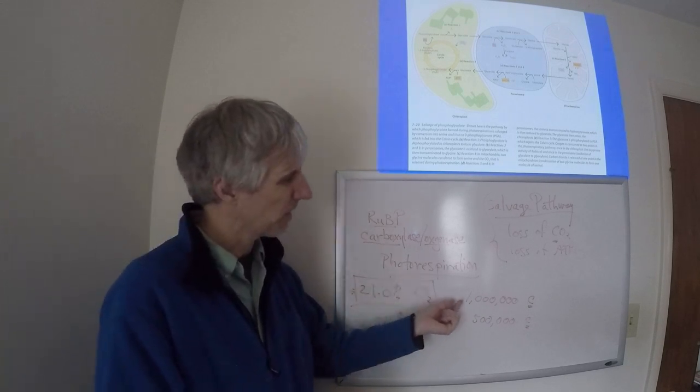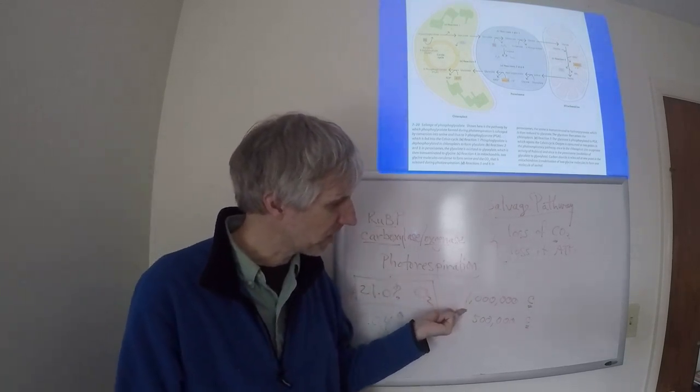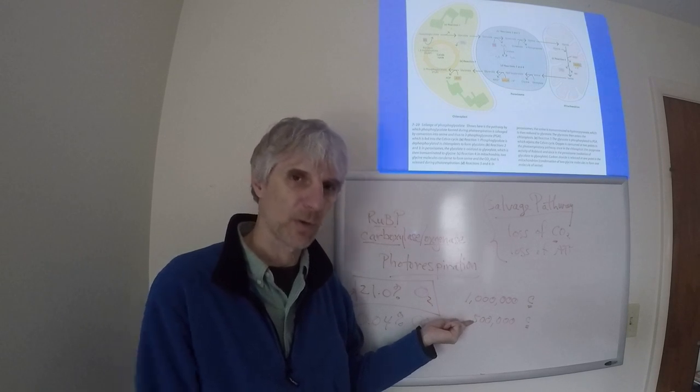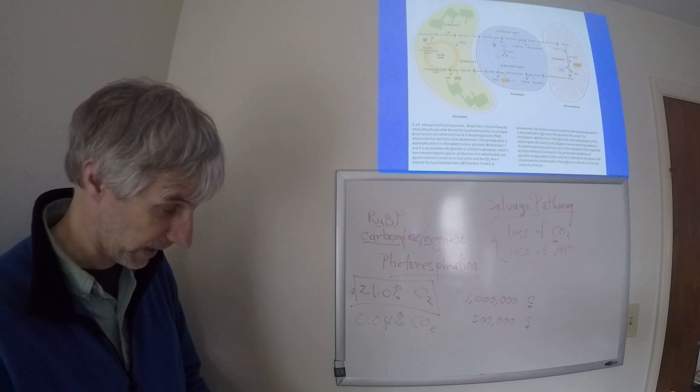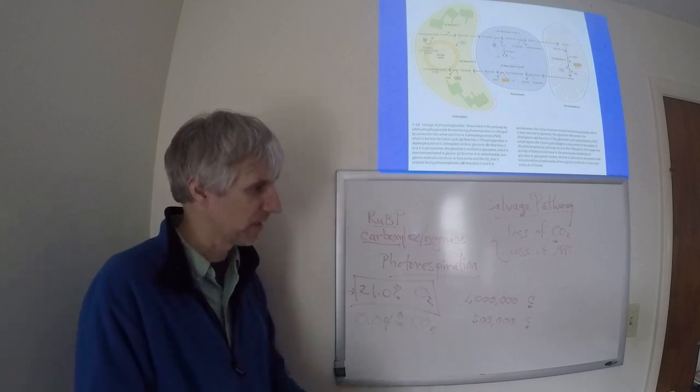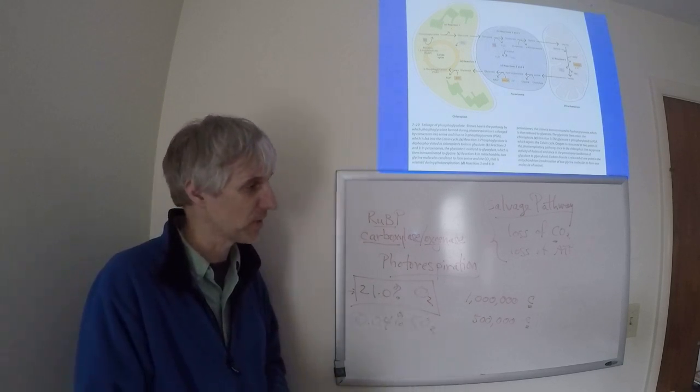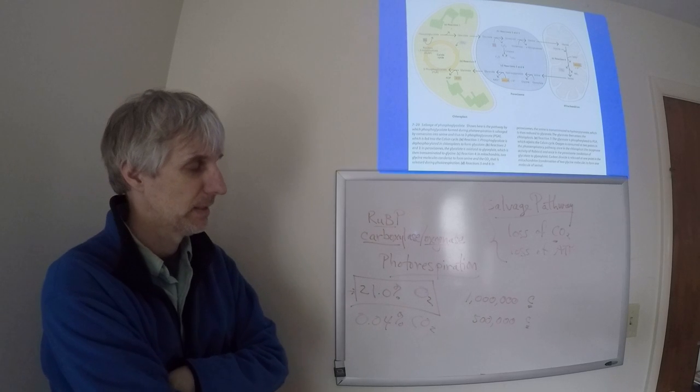That now, even though they can take up a lot of CO2, they lose a lot of it through this photorespiration process. They grow slower. They produce less fruit, less seed, because of this whole problem of photorespiration. Okay?